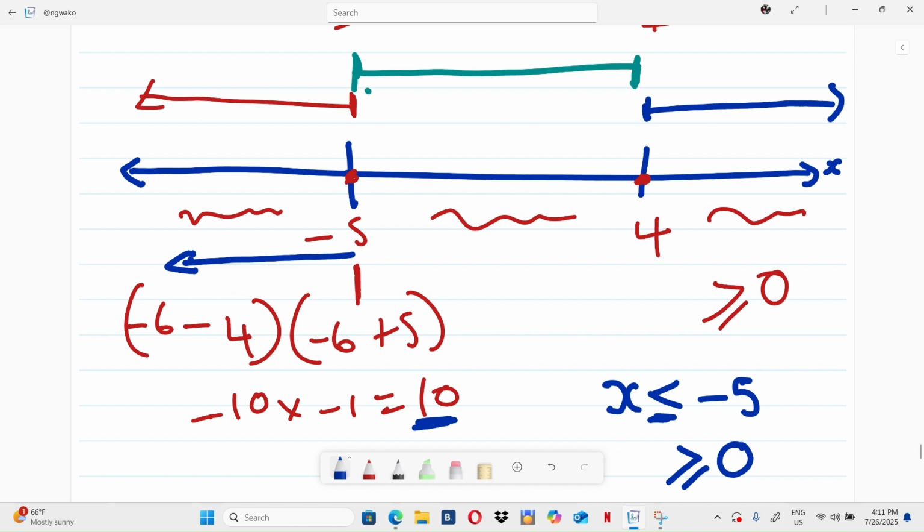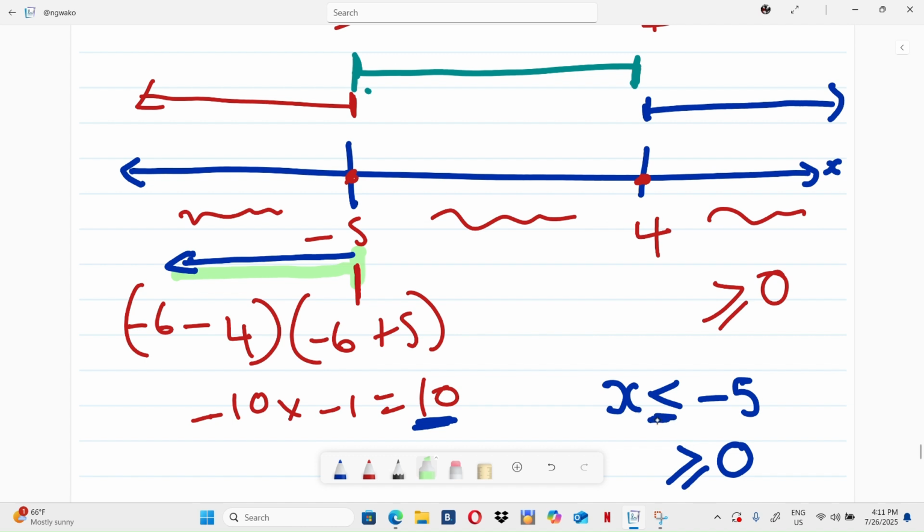Therefore, when we come back, we say at the interval of x less than or equal to minus 5, remember, we're saying equal because we also found out that when we substitute minus 5, it gives us 0. That's why we're saying equal.